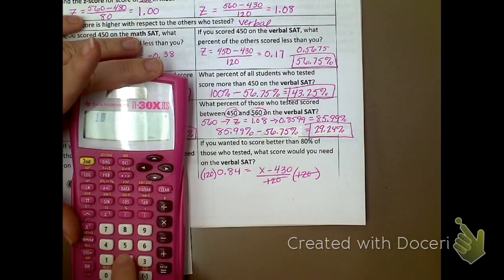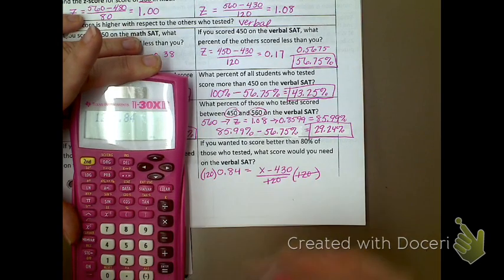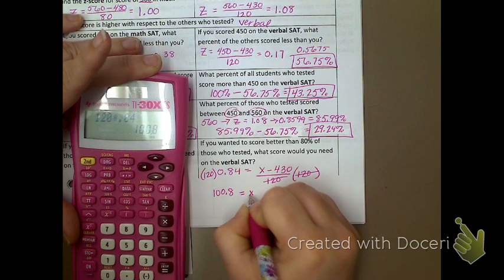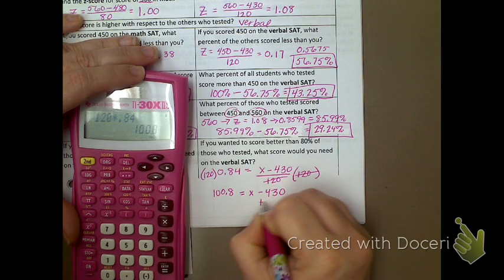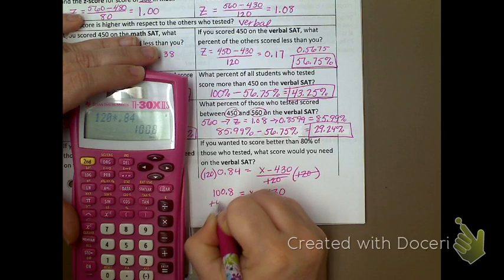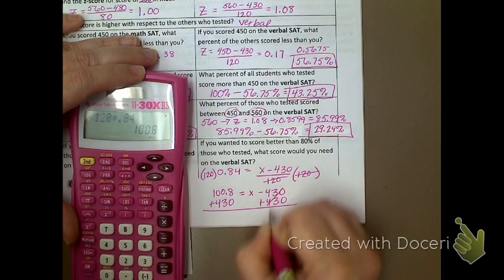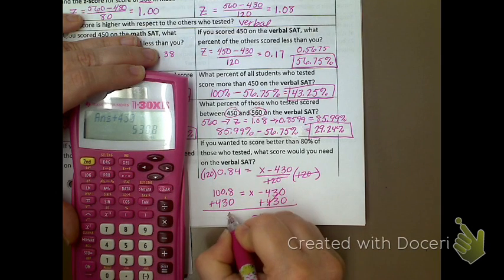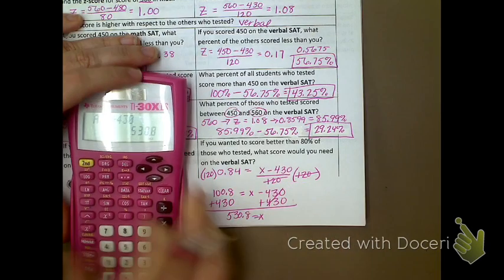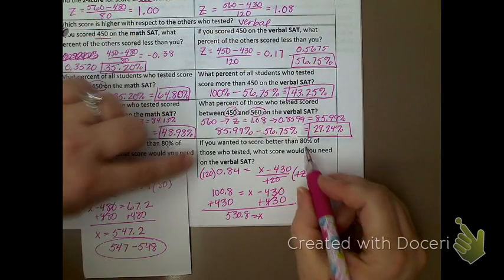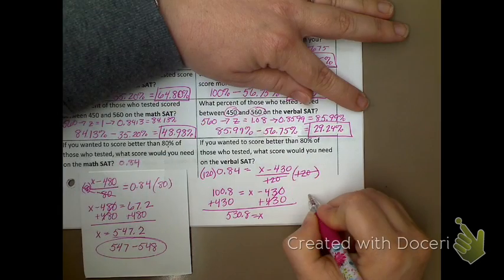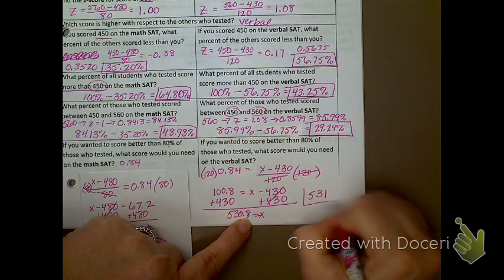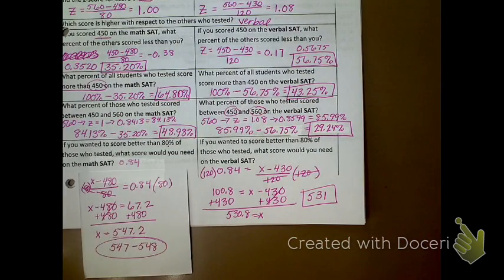And 120 times 0.84 gives me 100.8 equals x minus 430. Add 430, and I get x equals 530. So if I needed to score higher than 80%, then on the verbal, I need to score a 530, probably a 531, that would round up to, in order to score higher than 80%.